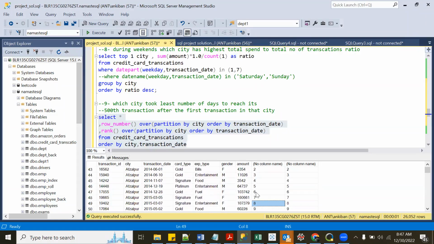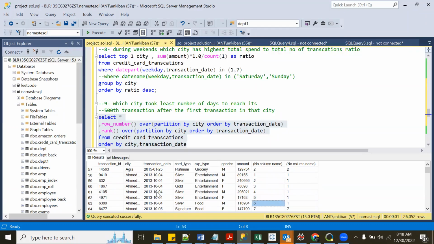So I think we don't have duplicates, that's why it is all coming the same. No, we have duplicates. If you see here, for Ahmedabad, for this transaction date, I have multiple records, so rank gives the same value. We can use transaction ID as well, you're right.